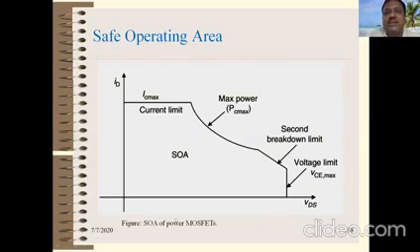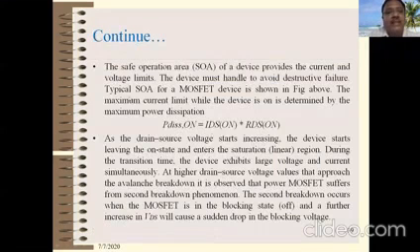If we increase the current and voltage beyond those values, the device gets damaged. So this is called the safe operating area: the current and voltage limits the device must handle to avoid damage.